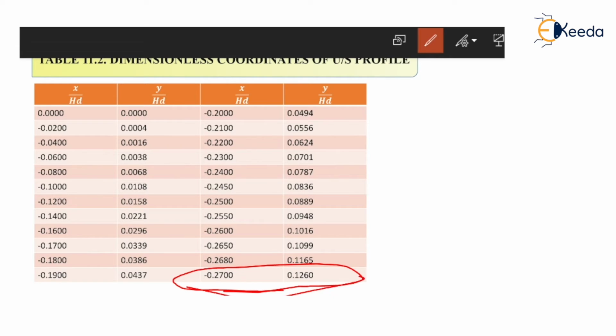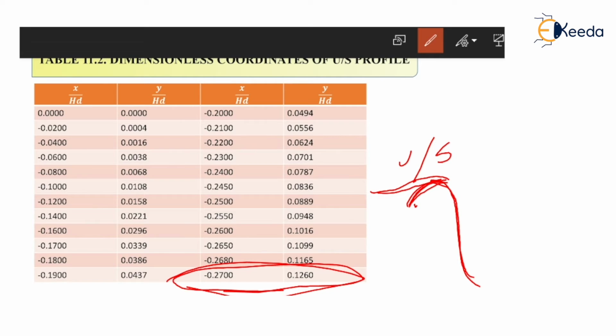By adopting this value, the curve provided for this upstream profile will be neither too sharp nor very hard. So by adopting this value, your flow will glide over smoothly, and it will completely adhere to the downstream section.